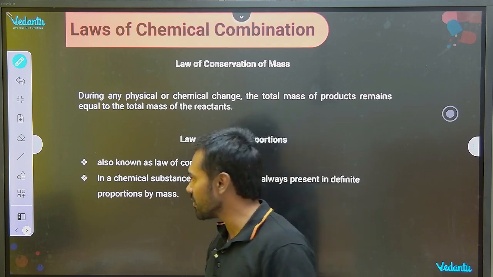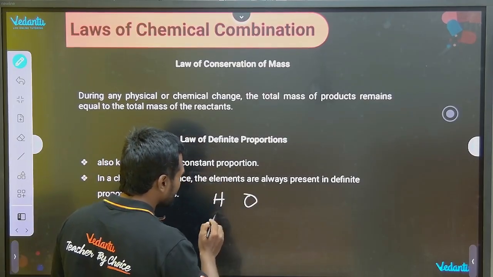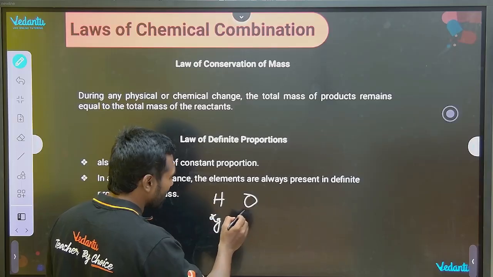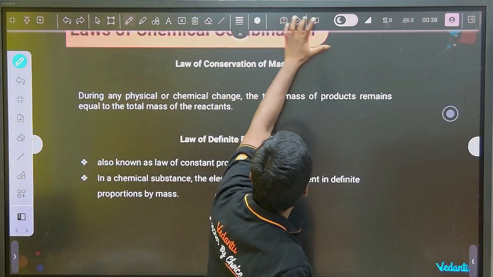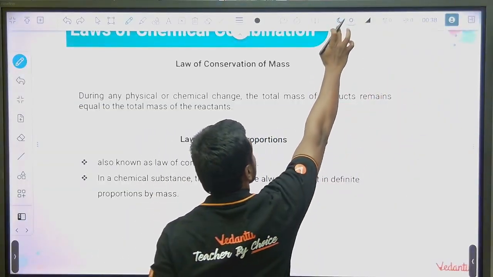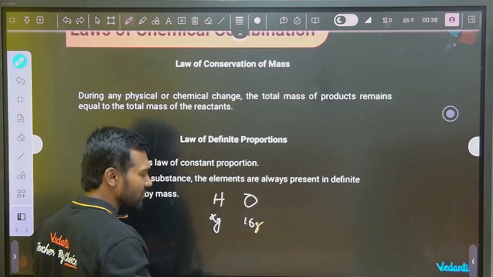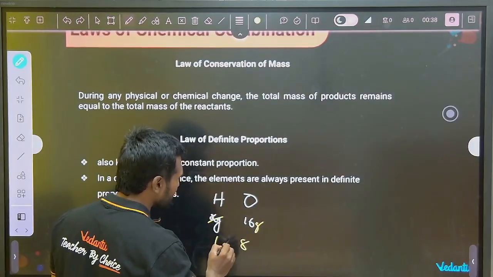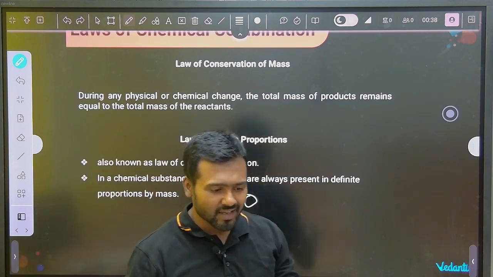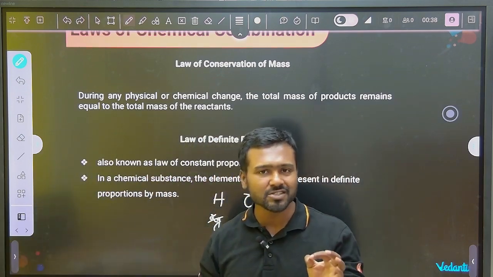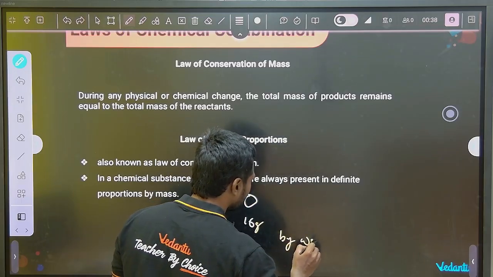In water, there are 2 grams of hydrogen and 16 grams of oxygen. If you take the ratio of these two, it is 1:8. That means in order to form water, hydrogen and oxygen always combine in the ratio of 1:8 by weight. Right? This is not by number, this is by weight.